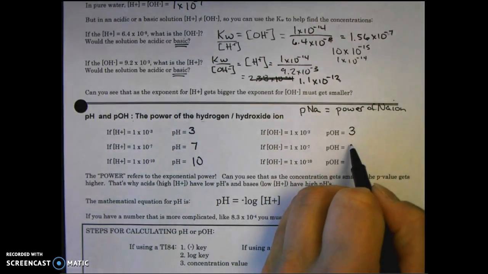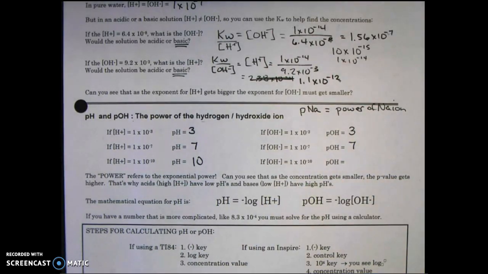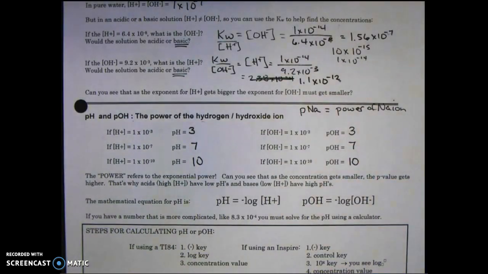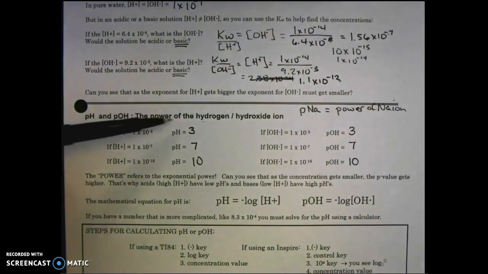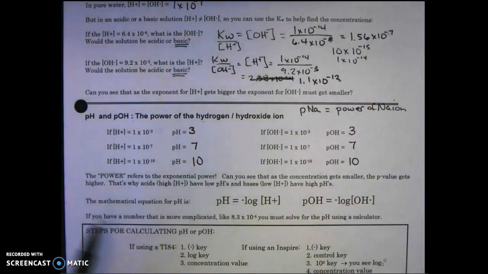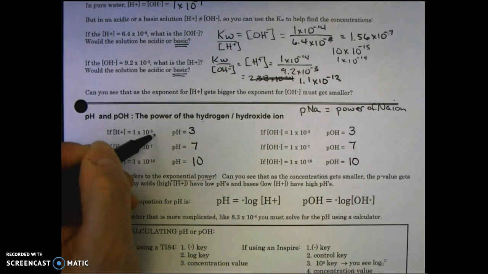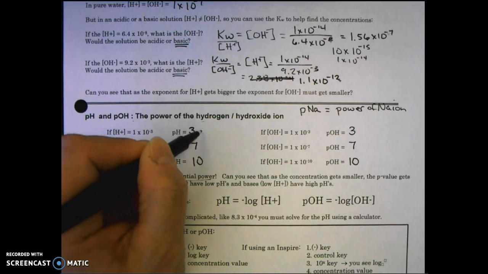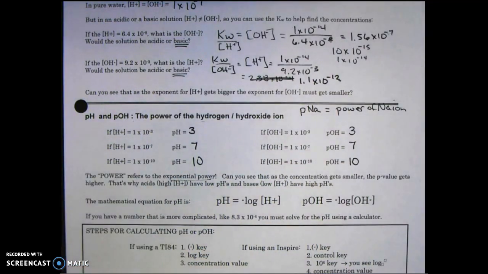OH minus 10 to the negative 7, pOH of 7. OH minus 1 times 10 to the negative 10, pOH of 10. So what are we doing? The power of the hydrogen ion literally stands for the exponential power. So this exponent of the concentration becomes the basis for the pH value.